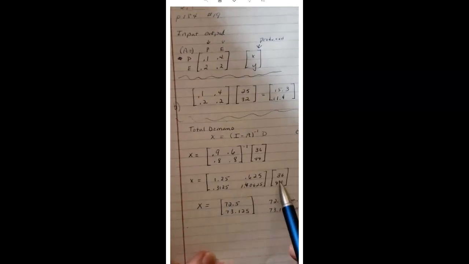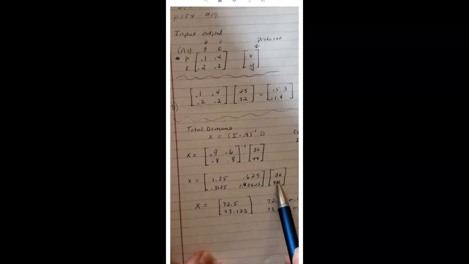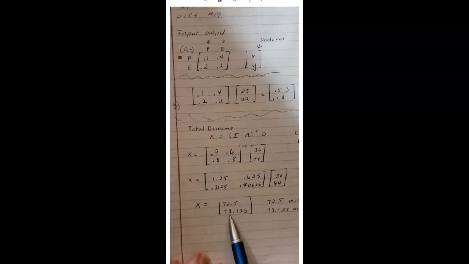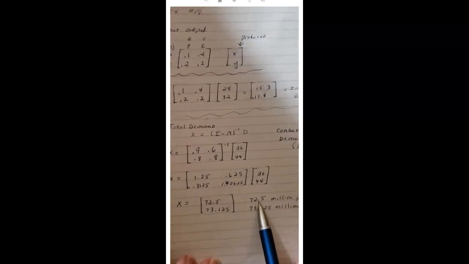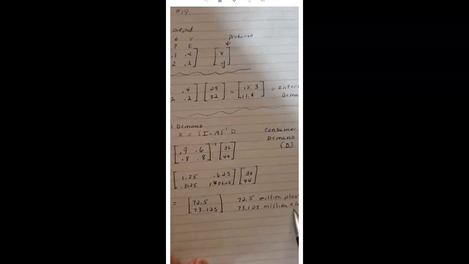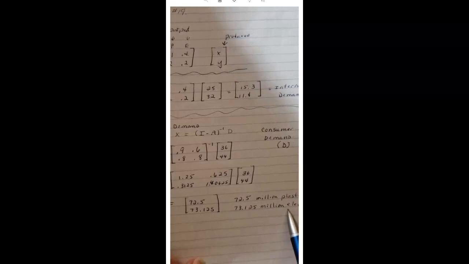Multiply the inverse of that times the consumer demand matrix, and end up with our total demand matrix, which means that I have to produce $72.5 million worth of plastic components and $73.125 million worth of electricity components to make sure that I can take care of what the consumer wants, along with taking care of whatever I used in the process of making all that much.